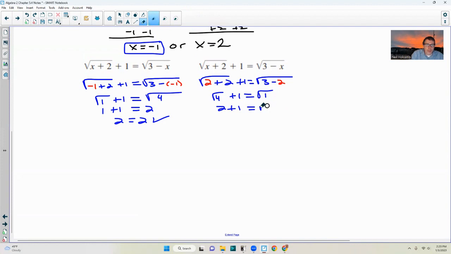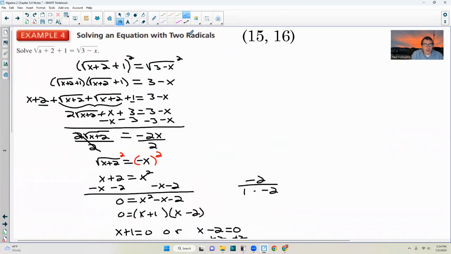Actually, I know the square root of 1 is 1, so I'm just going to put 1, and 3 equals 1. No, it doesn't. x is not a solution when it's 2. I should say 2 is not a solution for x. x equals negative 1 is the only solution to this problem. Okay, x equals 2 is extraneous. So now that I've done these examples 3 and 4, you should be able to do problem numbers 15 and 16.